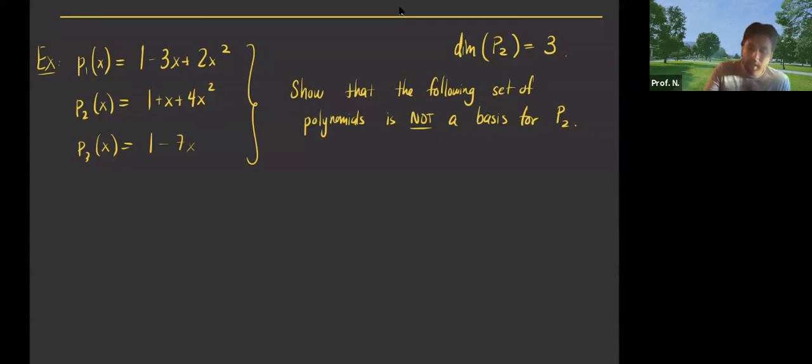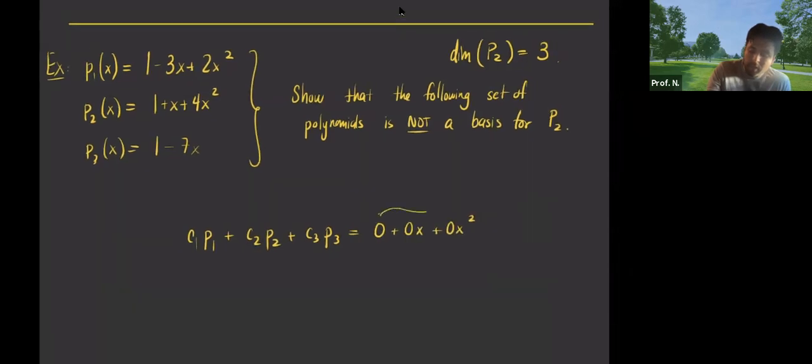Well, this starts with setting up the dependence relation, which is C1 P1 plus C2 P2 plus C3 P3. This has to equal 0. In other words, 0 plus 0x plus 0x squared. That's what this 0 is.